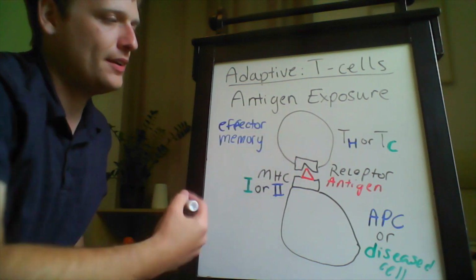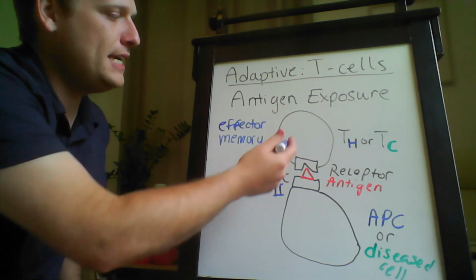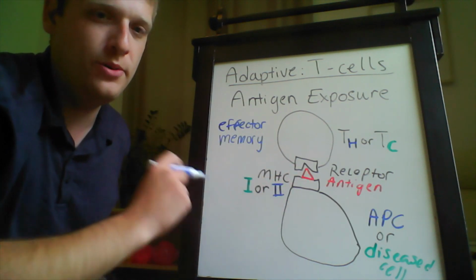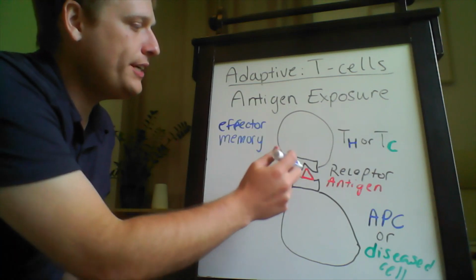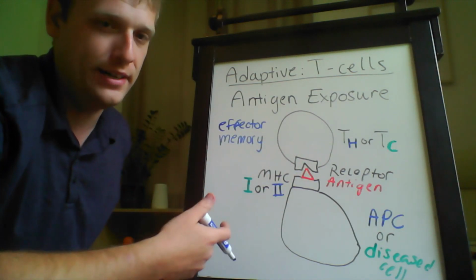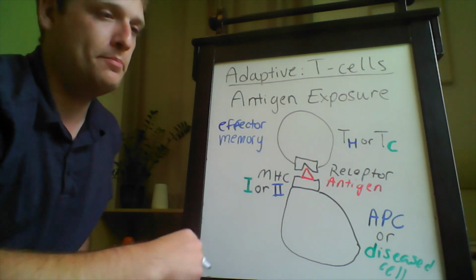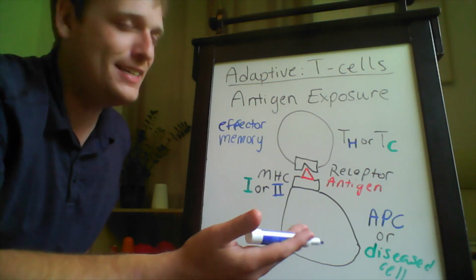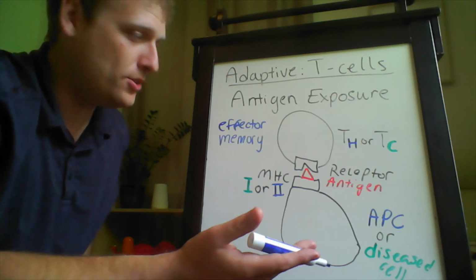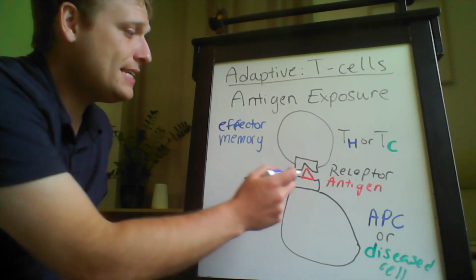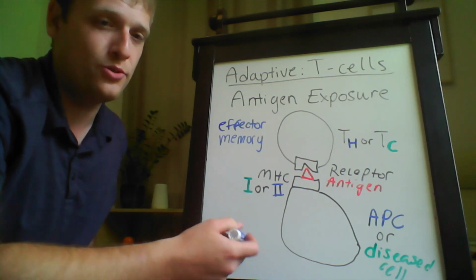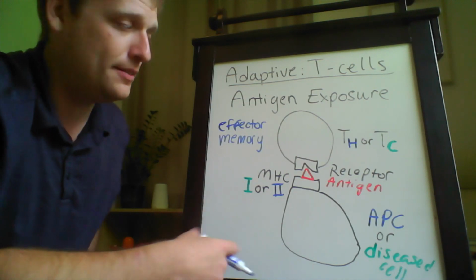So of the T cells that have the capacity to bind to a unique antigen, only the ones that meet that antigen are going to exponentially increase in number. Because why make T cells that can bind antigens that you're not actually being exposed to? And these antigens can be from a foreign, like a bacteria that's been destroyed by something, like a phagocyte.